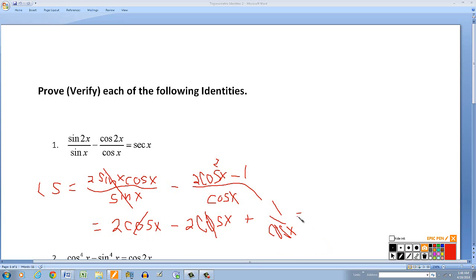So I'm going to have left 1 over cosine of x. But 1 over cosine is secant of x.